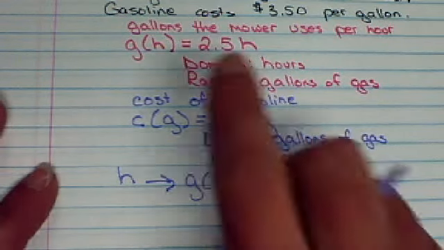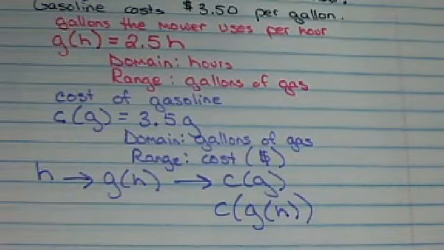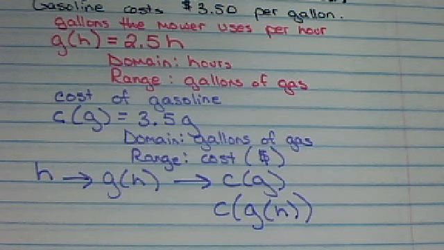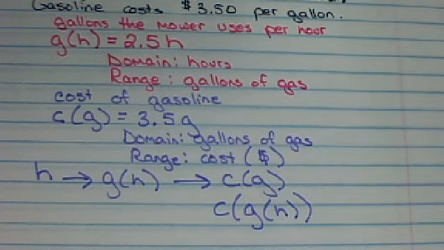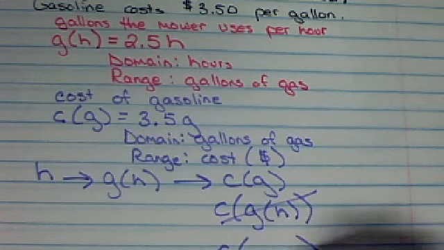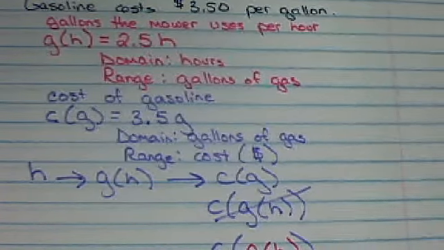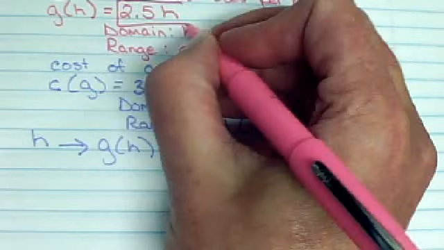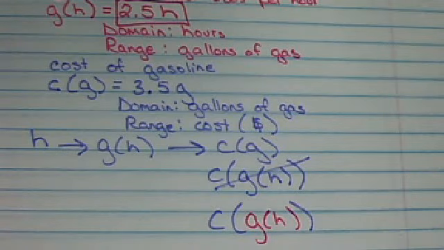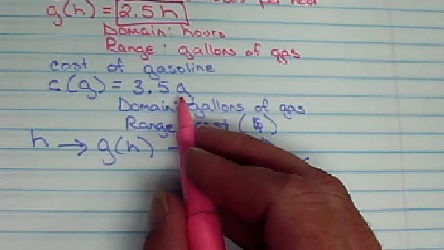So since this is a representation for G, let's come down here. I'm going to write this a little bit differently. Let me change this just so you can see some coloring. C of G of H. And wasn't G of H this rule? C depends on the gallons of gas.